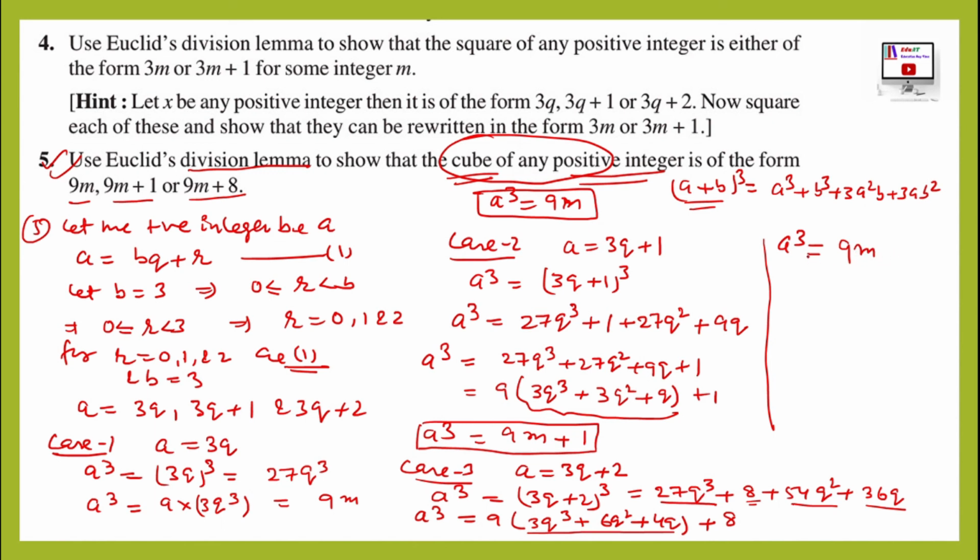So a cube is 9m plus 8, and we can write a cube in the form 9m plus 8.